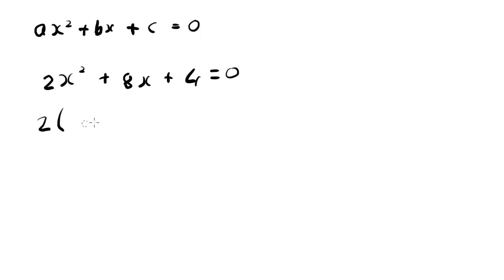So we do 2, and then we have our x squared plus 4x plus 4 equals 0. So we take out the a from this first bit, we complete the square on this inner bit, and then we combine it all. So it's very simple. It's only one extra step. We have to take out this a, and then we have to put it in at the end.